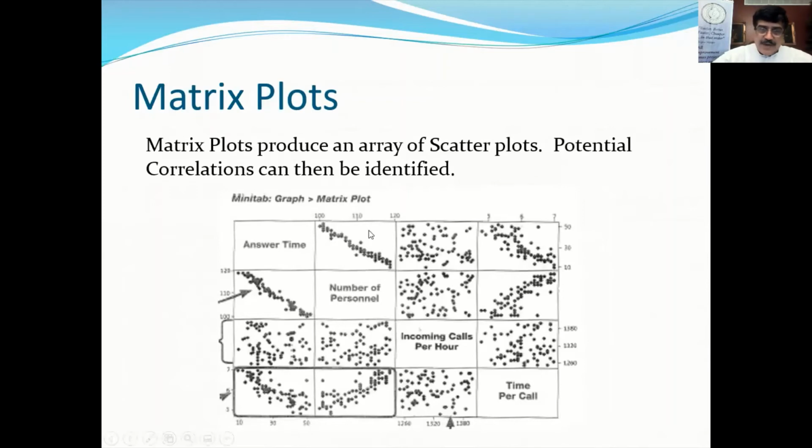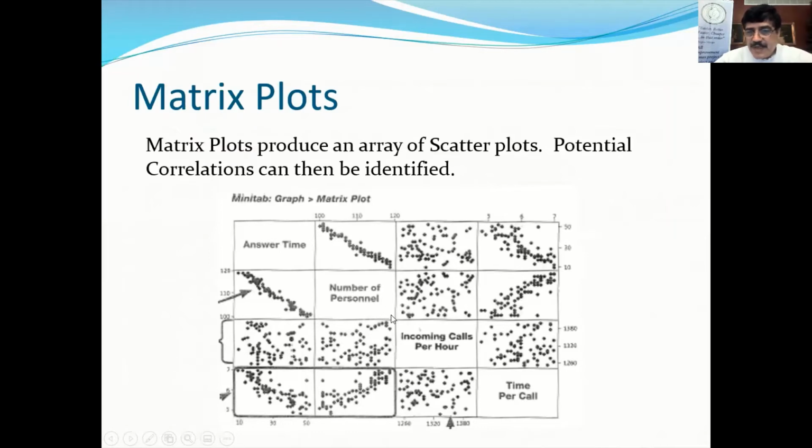So for example here, if it's a telephone answering service, the answer time is inversely proportional to the number of personnel. The more personnel you have, of course, the shorter the time to get answers. So this makes sense.